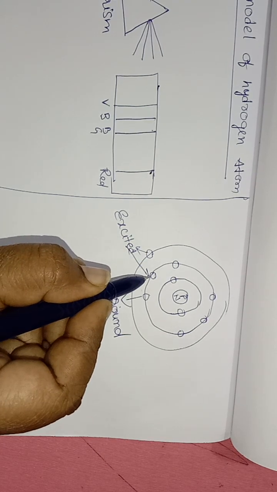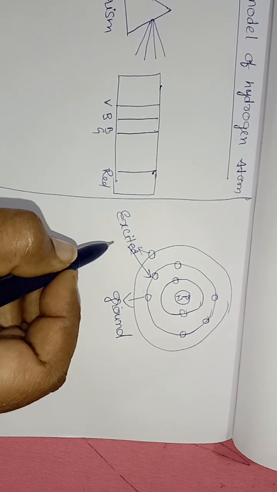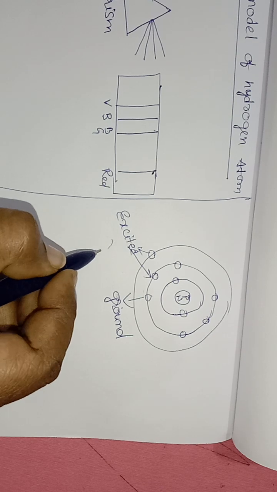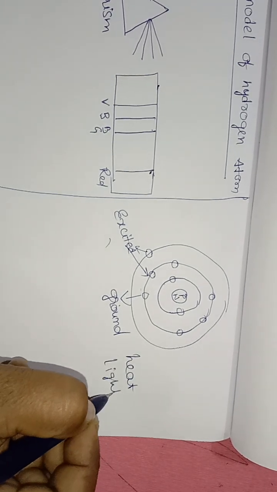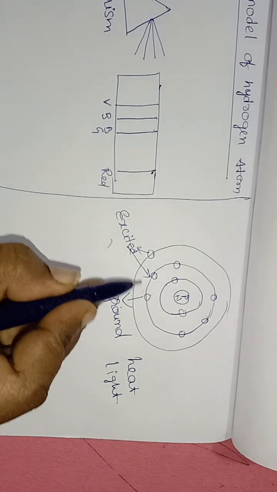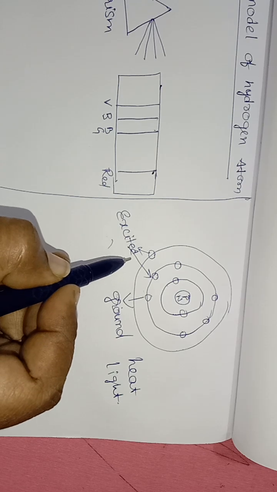Again it comes to its original position by releasing whatever energy it got in the form of heat or light. Suppose any chemical reaction is happening underground; there it releases heat energy.